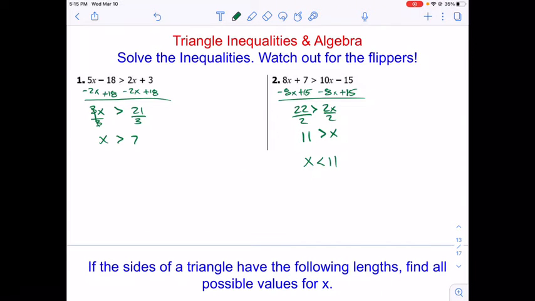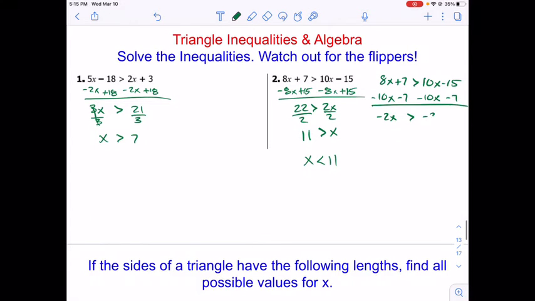Now, just to show you what might happen if we had brought the x to the other side. You don't have to write this down, but you can if you want. 10x minus 15. If I subtracted 10x, this is going to give me a negative 2x, and I have to subtract 7. Bring down the greater than sign.